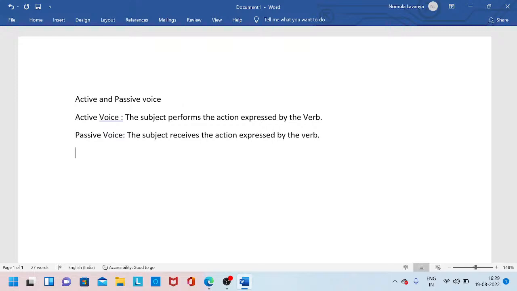In active and passive voice we have some rules. If you know these rules, like how to change active to passive voice, then it will be very easy for you to change. So how do we change active to passive voice?